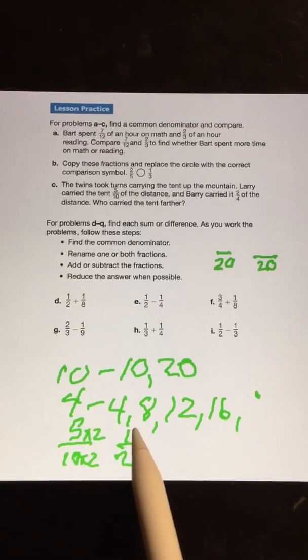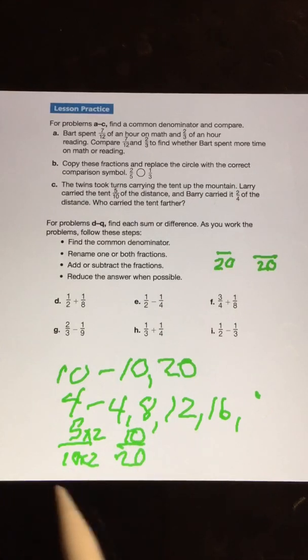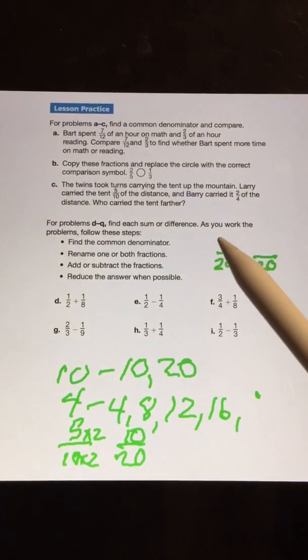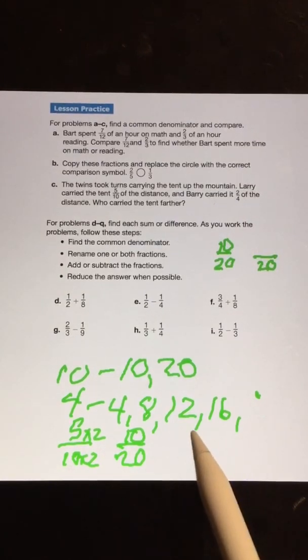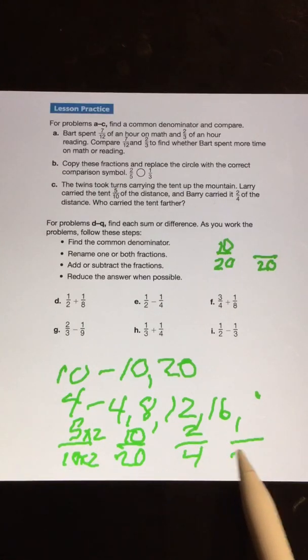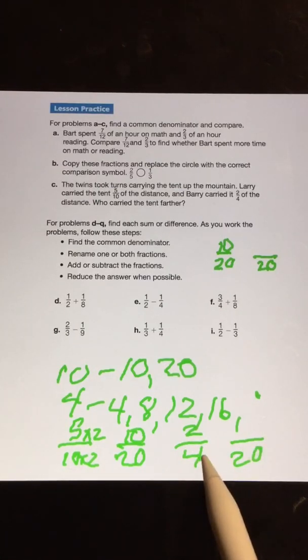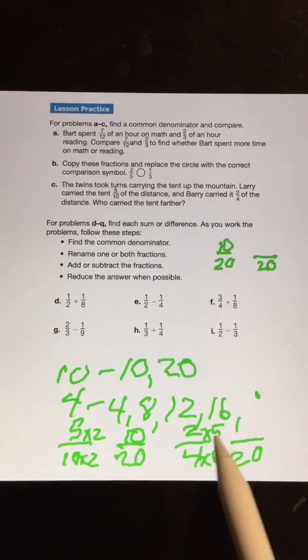So that would be 10 twentieths for my 5 tenths. And then my 2 fourths to 20, I have to multiply both of these times 5, correct? So 2 times 5 is 10.